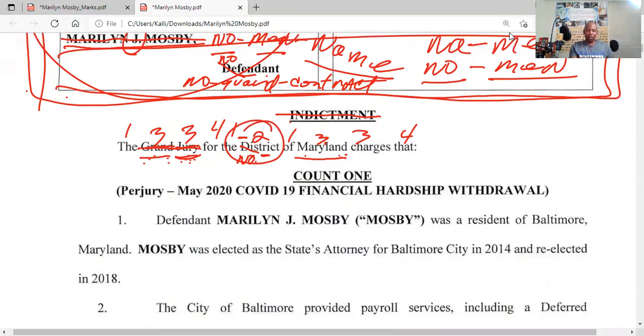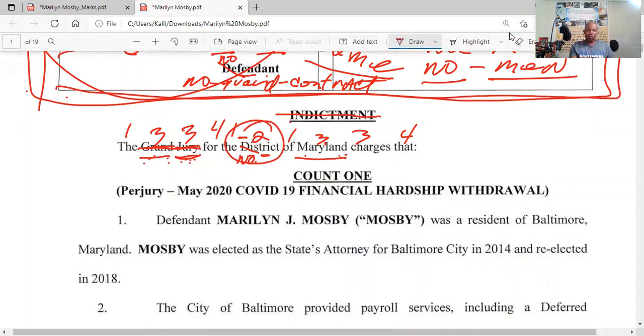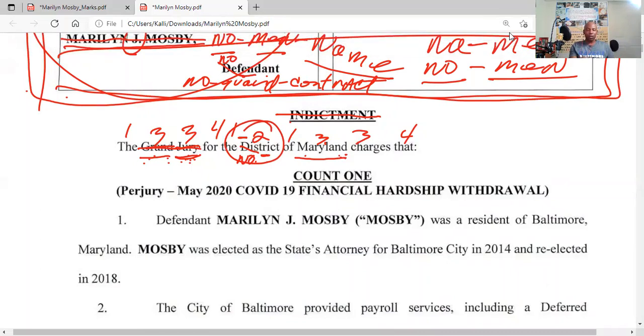This is called fraudulent conveyance. When you use nouns as if they are verbs, then what you're doing is creating perjury in your documentation. This is a lie. This is a lie. This is a lie. All of these are lies.